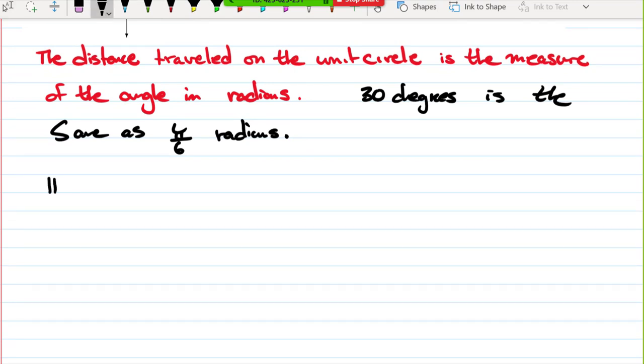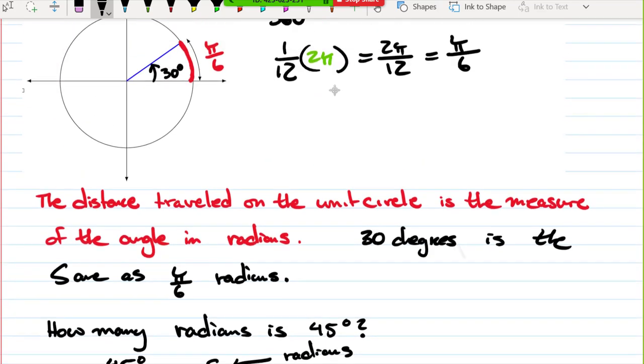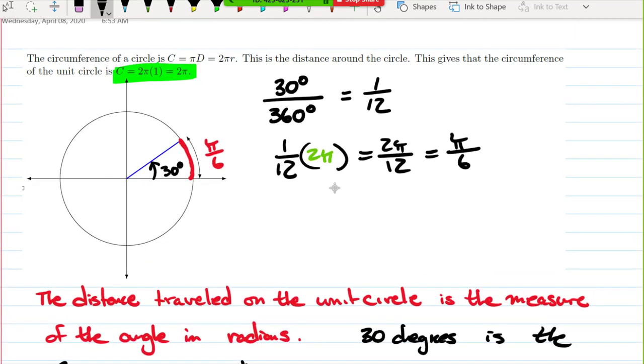So if we were to ask, well, how many radians is 45 degrees, we would have the proportion 45 degrees over 360 degrees is equal to the radians, which we'll use the symbol S, so that's our radians, over, well, what was the circumference or the distance around the entire unit circle?